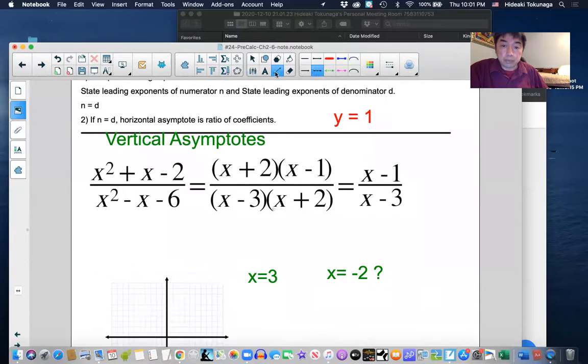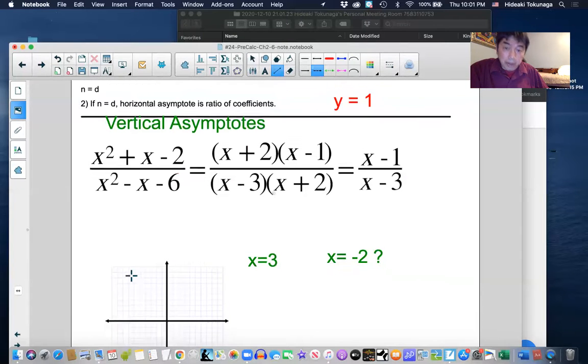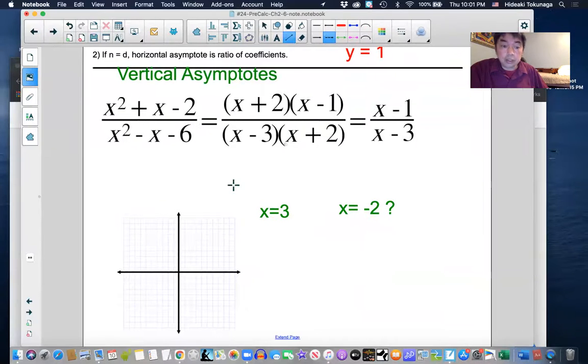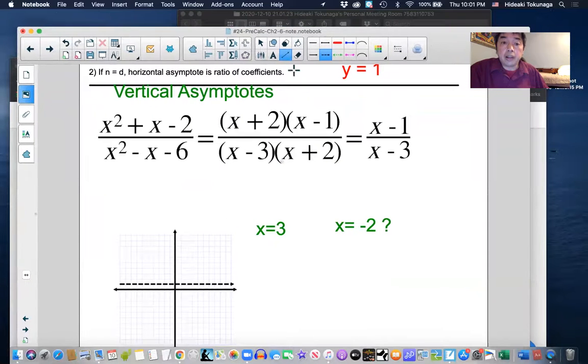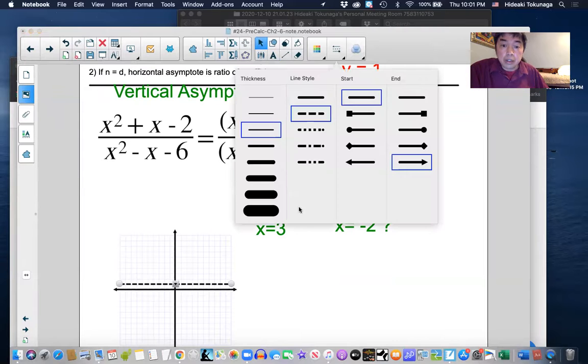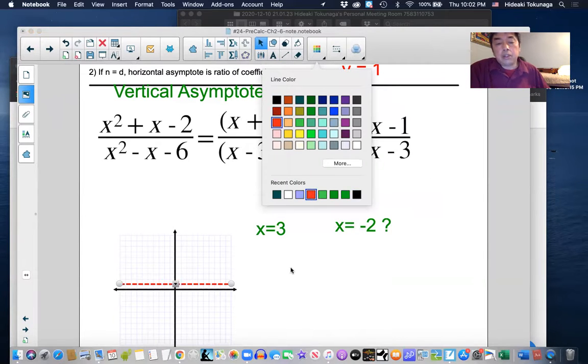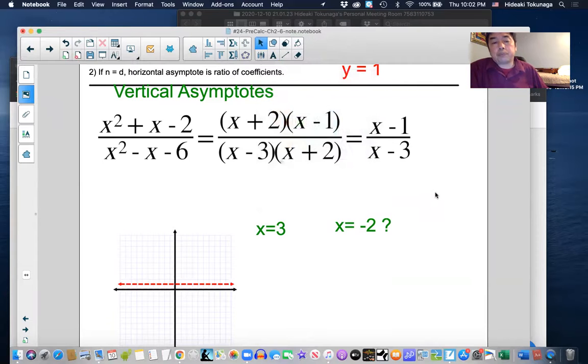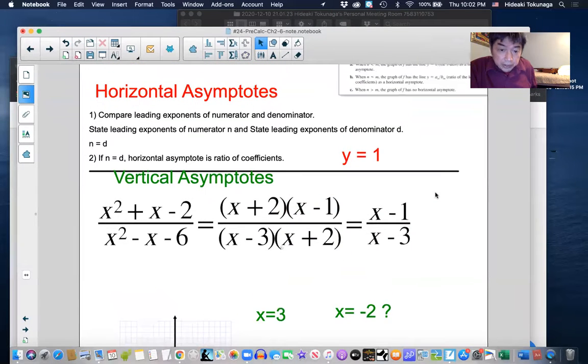Let's see. Y equal 1. So if you see this, y equal 1 is going to be here. Okay. And I will change this one to red for horizontal asymptotes.